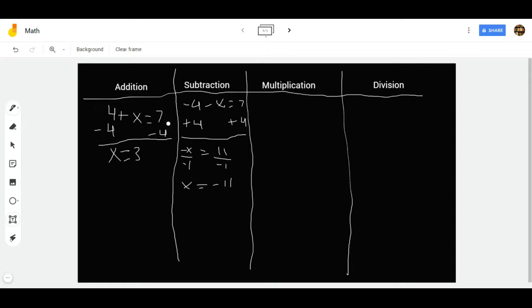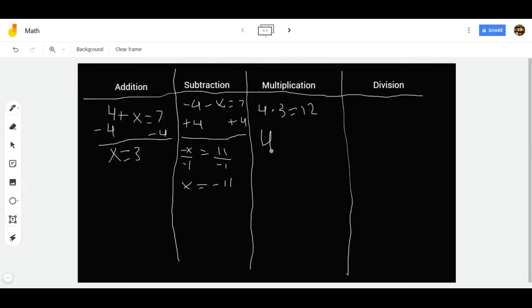Multiplication is almost similar to addition. You probably have done something like 4 and then a dot, which represents the multiplication sign. It can also be an asterisk or an X. 4 times 3 is equal to 12. But expression multiplication is a bit different.